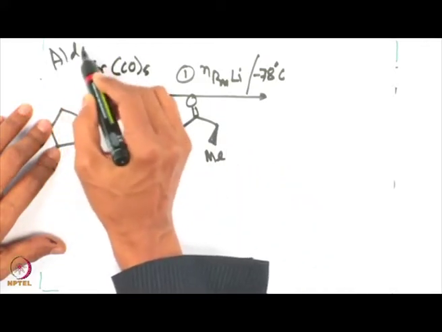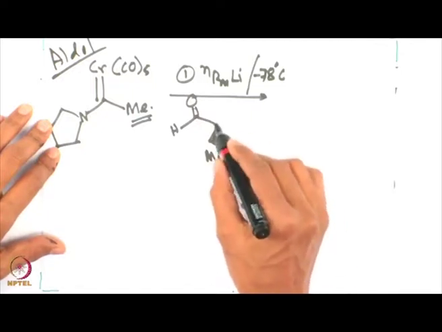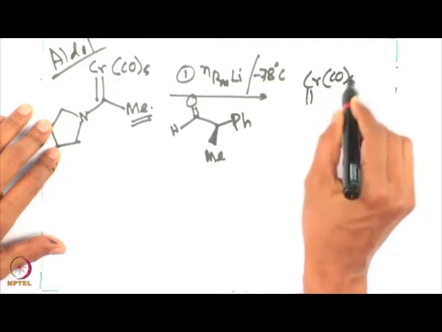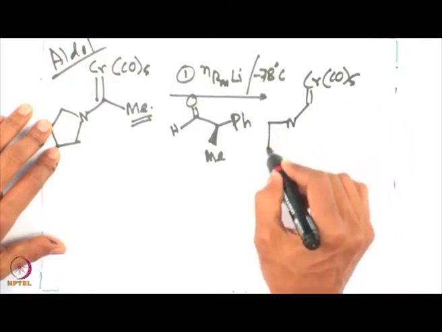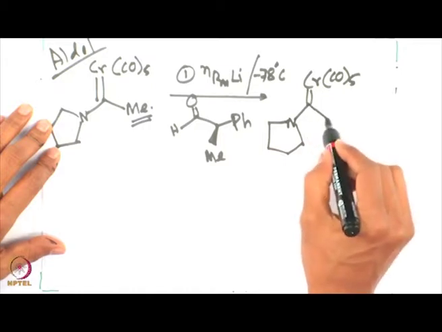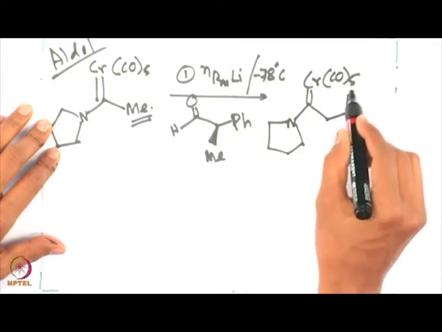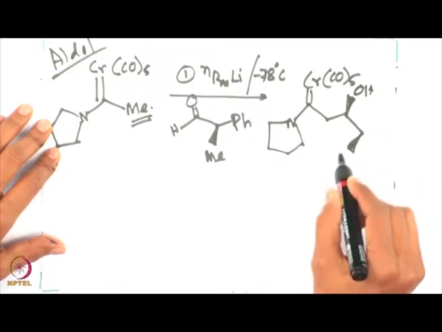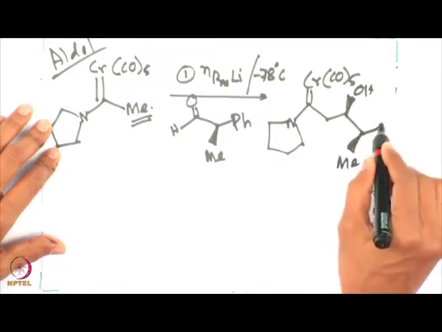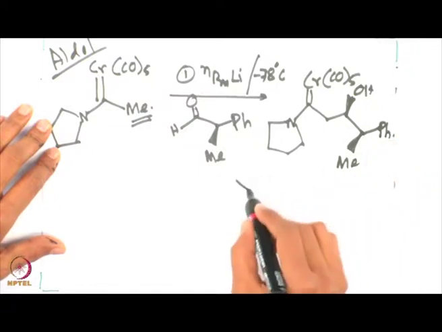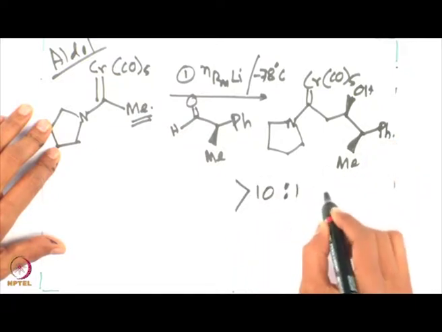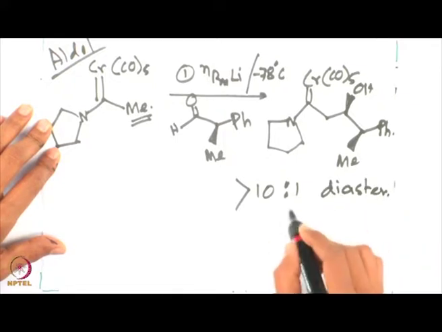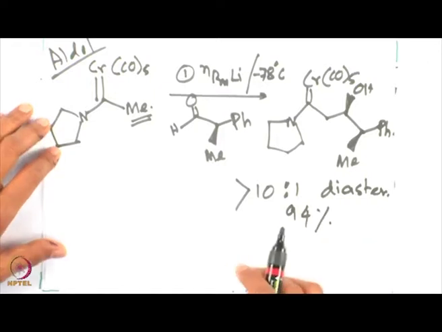Let us write it down, aldol reaction we are trying to do, and we get the product quite efficiently in these cases, and what we get is the expected aldol product with a very high diastereoselectivity, that is done at minus 78 degrees centigrade. We get greater than 10 to 1 diastereoselectivity, and we have nearly 94% yield.